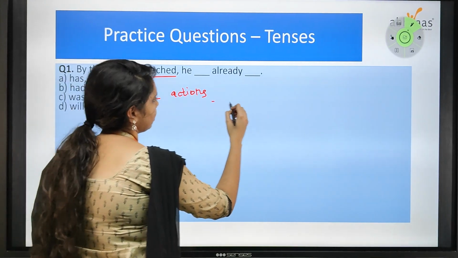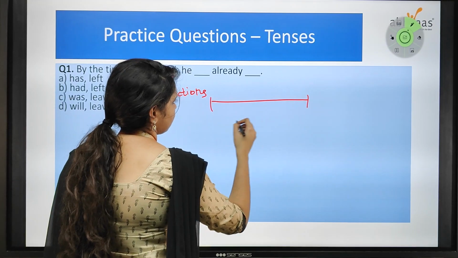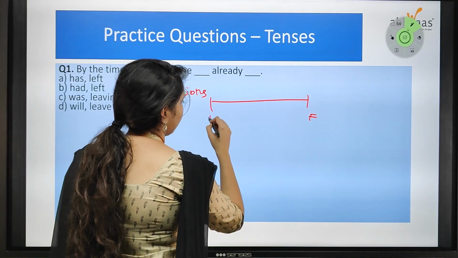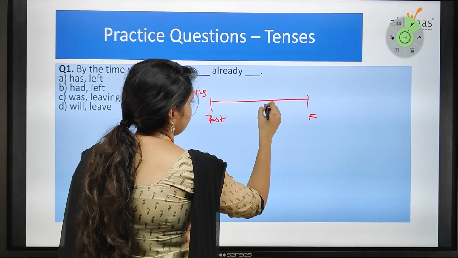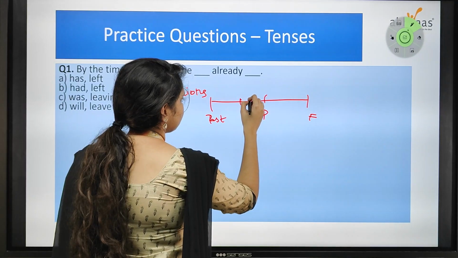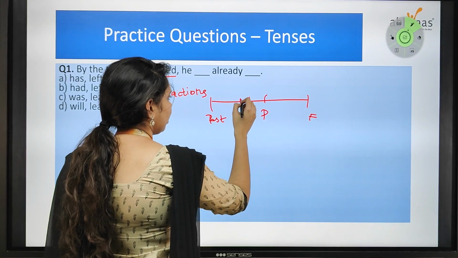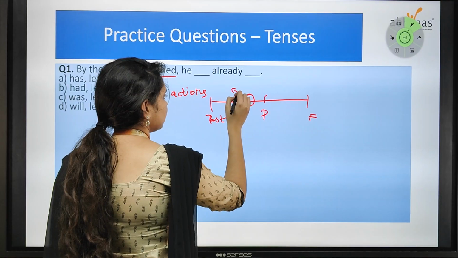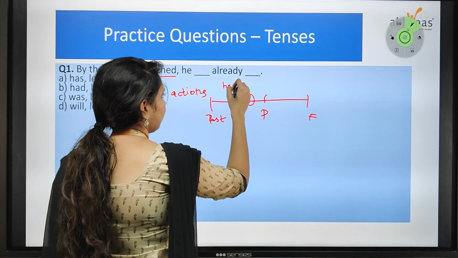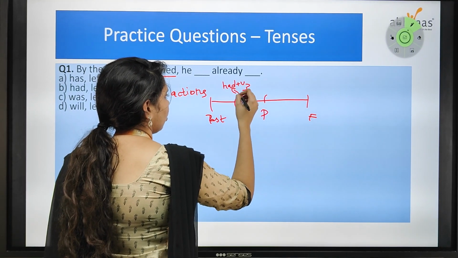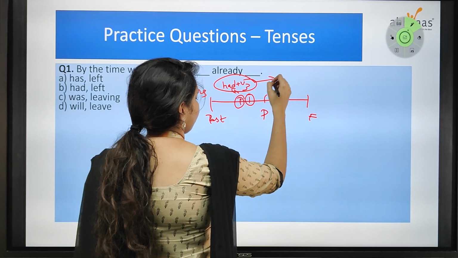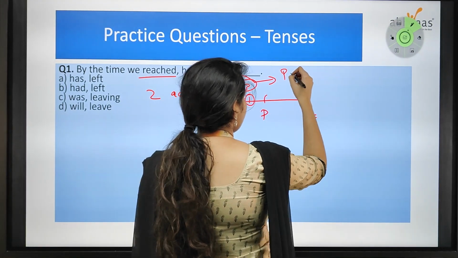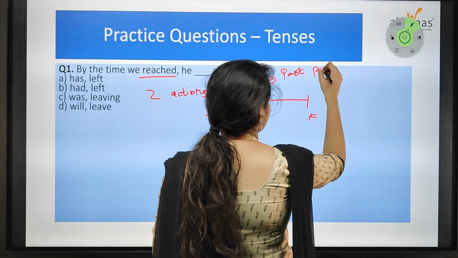For example, if this is the timeline, let us say this is future, this is past, and this is present. So two actions happened in the past, so one must have happened before the other. So for this particular action, we will have had plus V3, which is nothing but your past perfect.